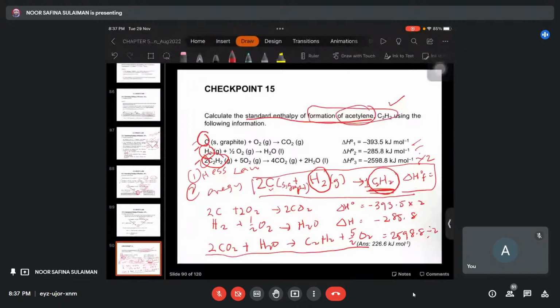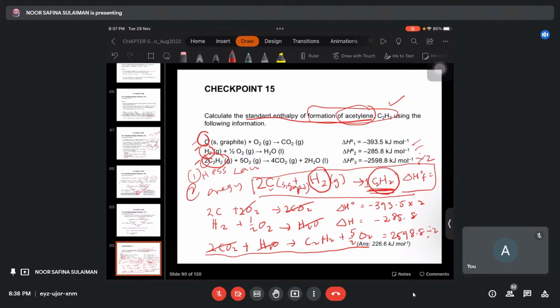Apa yang sama dekat sini? Okay, 2CO2 and 2CO2. And then H2O and H2O. Kemudian dekat sini kita ada 2O2 di sebelah kiri lah. 2O2 tambah dengan half O2 bersamaan dengan 5/2. Betul tak? Okay, so this one cancel habis.